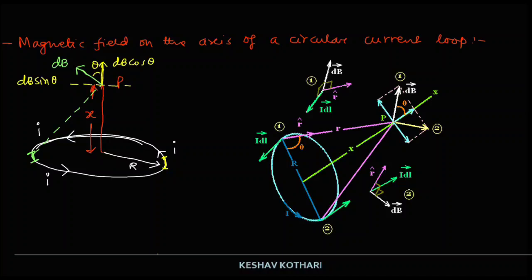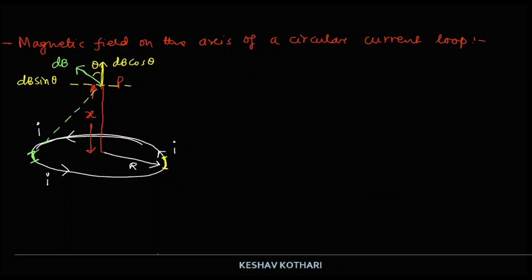If we apply Biot-Savart law for this point, I can say that the value of dB is equal to mu naught I dl upon 4 pi, and the distance is equal to x square plus r square.